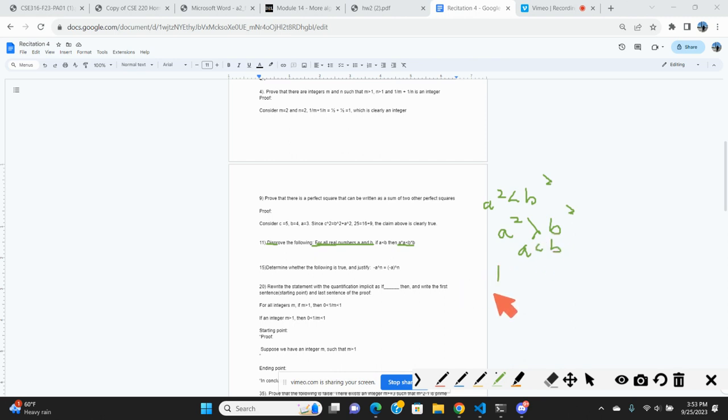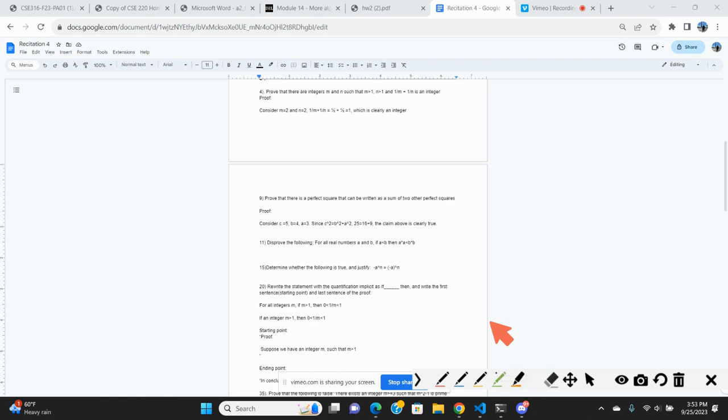All we have to do is find, for example, a negative number such that the magnitude of a is greater than the magnitude of b, and a is less than 0. In this case, we can simply provide the proof: let a equal -4, b let's say 2. a is less than b, but a squared is greater than b squared. So this claim is clearly wrong.